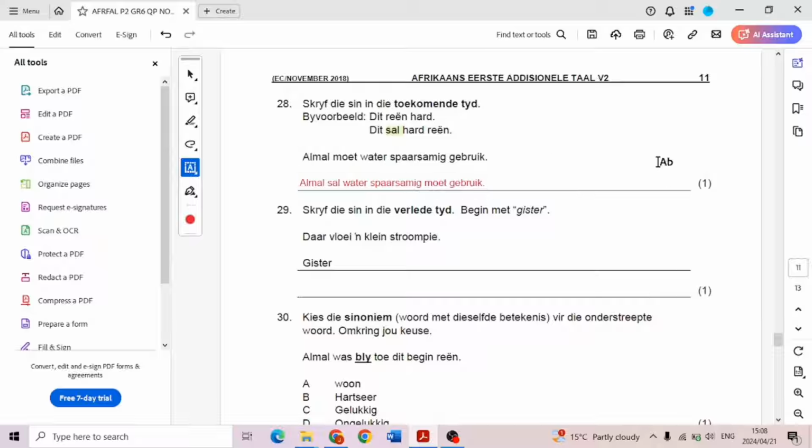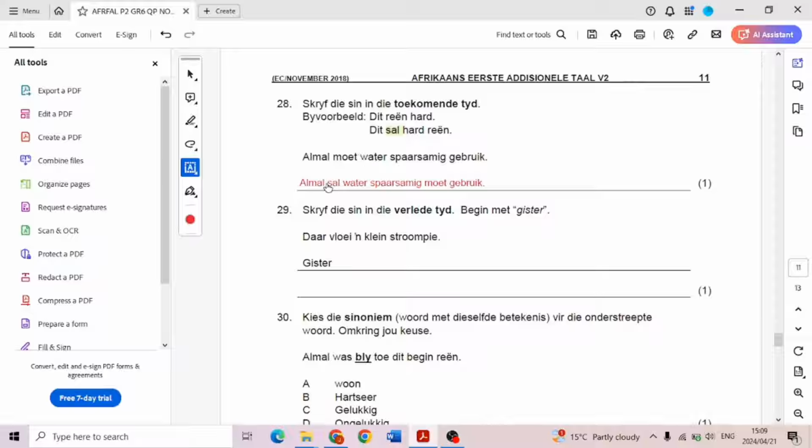So just to break down what I've done. When you're working with a sentence that needs to be shifted into the future, you know that sal needs to be there, right? So the best way to do that is to move, if let's say the original sentence had a verb one. When you're working with Afrikaans sentences, it has a certain structure. It starts with the subject, then it has the first verb. In this case, almal is the subject and moet is verb one.